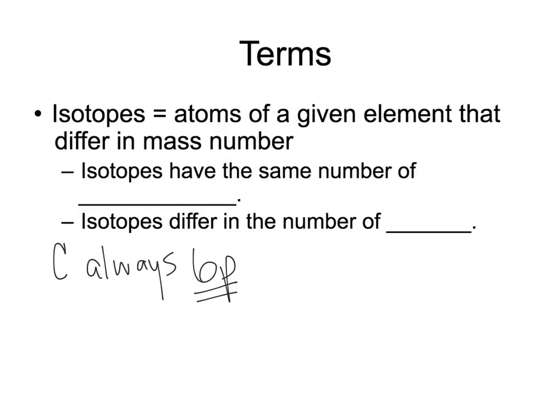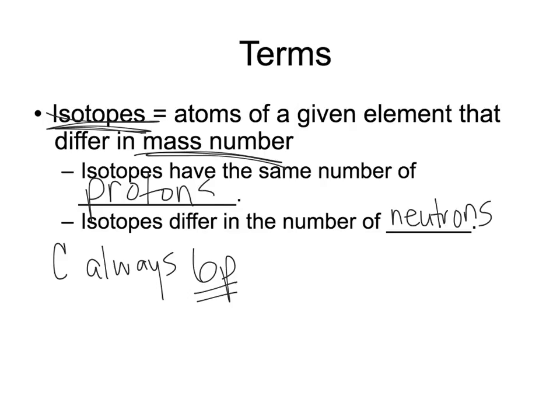So if we change the mass, we have an isotope. And the change in mass comes from a different number of neutrons. They still have the same number of protons, but the mass has been altered because of a change in neutrons.